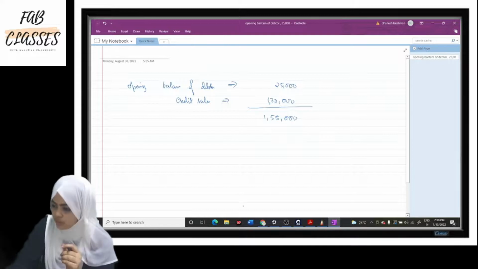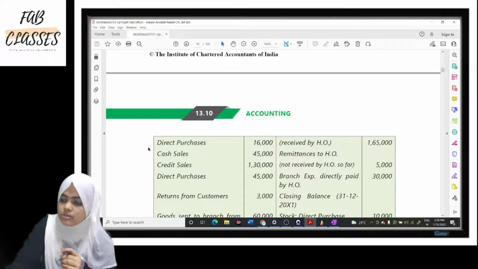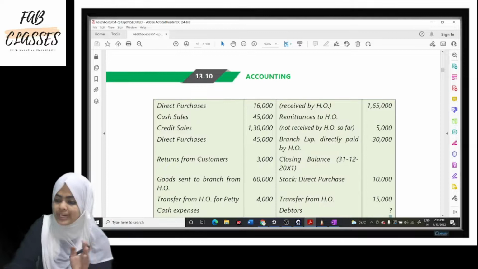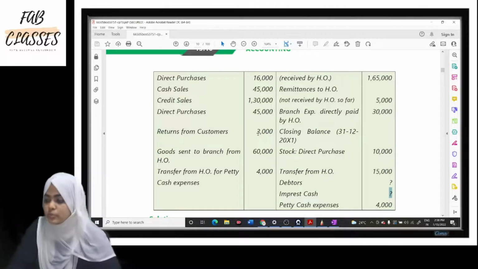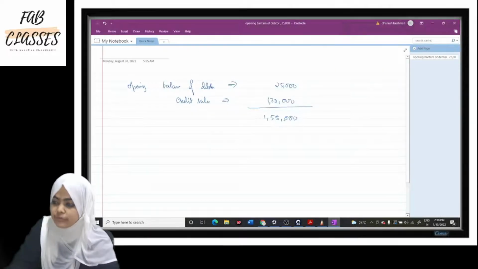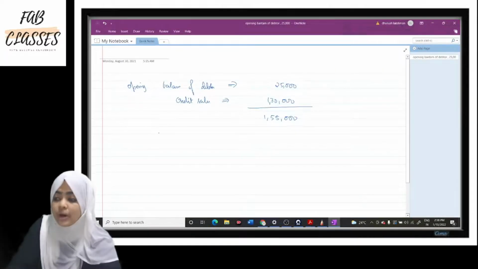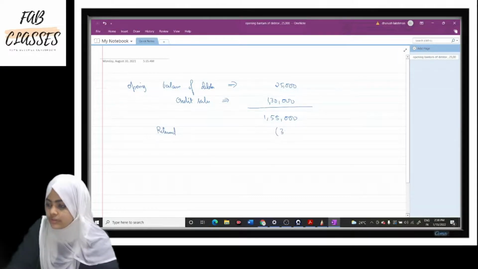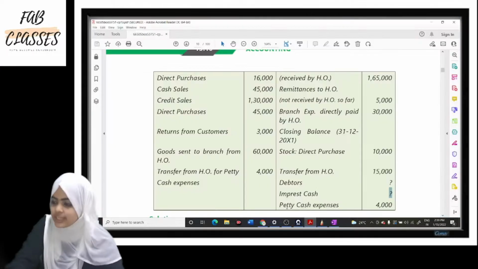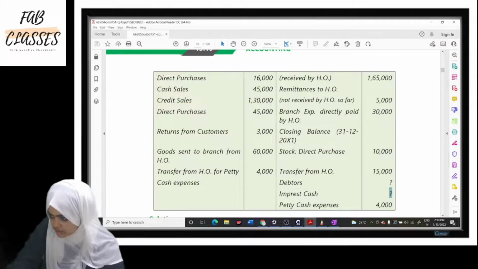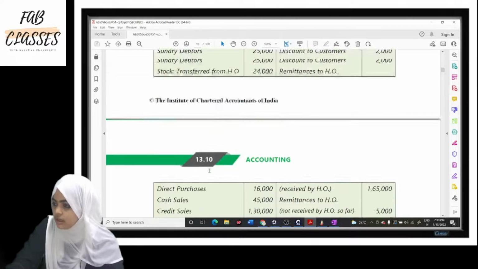Okay, in that what happened? Returns from customers was 3,000 rupees. So the value of debtors is now 1,55,000, and out of this the customer has returned goods worth 3,000. So the value of the debtors got decreased, right? And then what happened? See where it affects debtors. Bad debt.